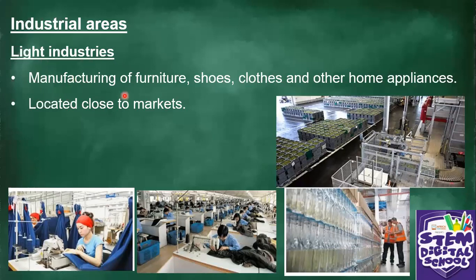These industries, they manufacture furniture, shoes, clothes, and other home appliances. So they are not that big industries. Also, they are located close to markets. So you can see examples here. These are light industries here.